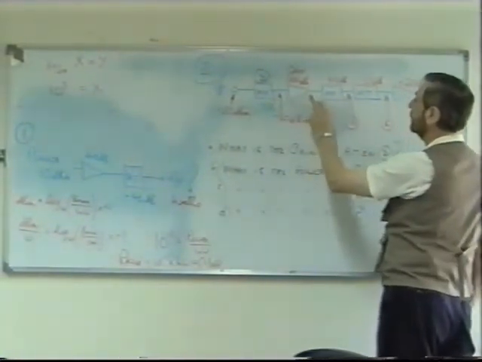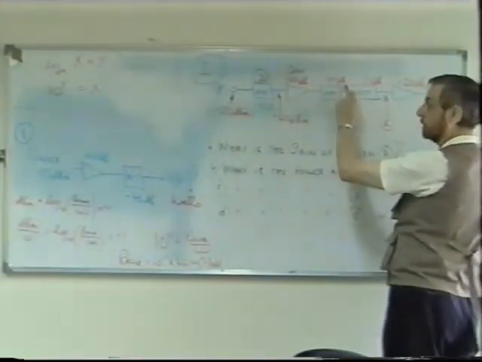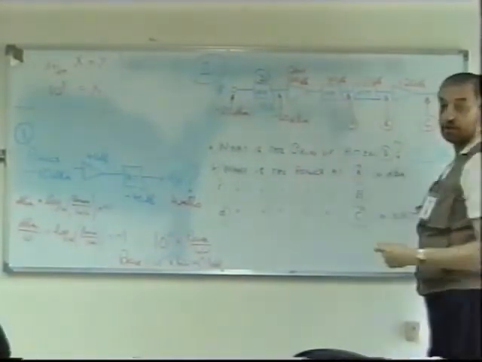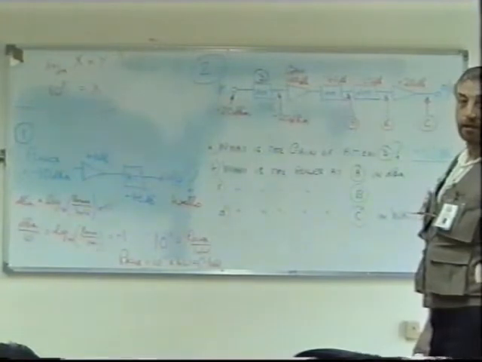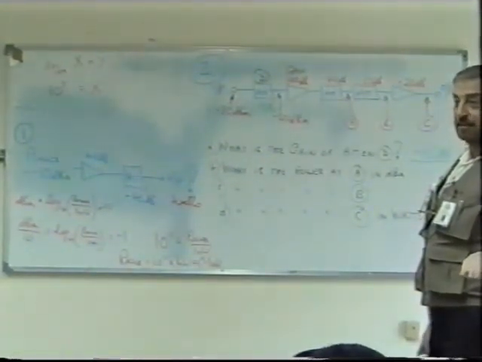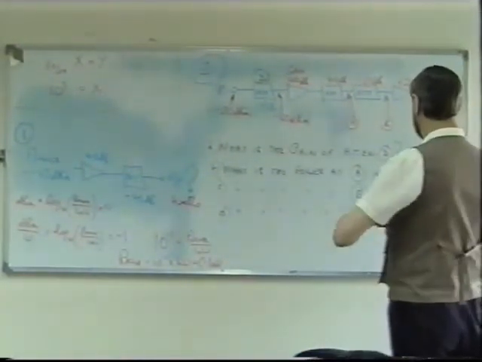Then we go through an attenuator of minus 40 dBs. So we begin with 70 into the attenuator, minus 40. Plus 30, yes, of course. dBm.